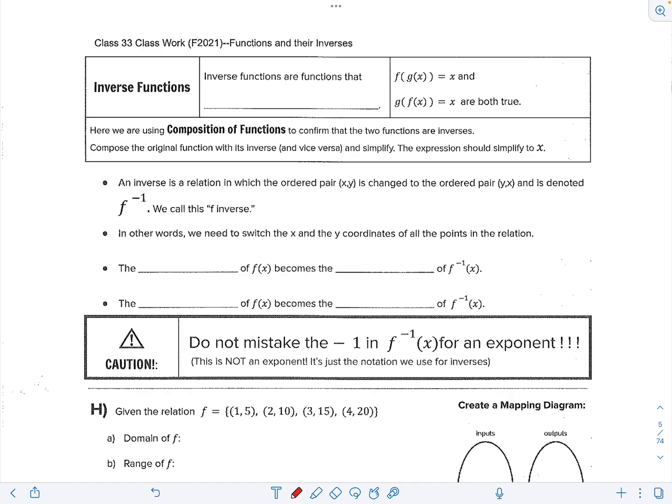This is going to go pretty fast, so slow me down, slow down the video, or pause it. This is just meant to give you some quick notes. Inverse functions are functions that undo each other.